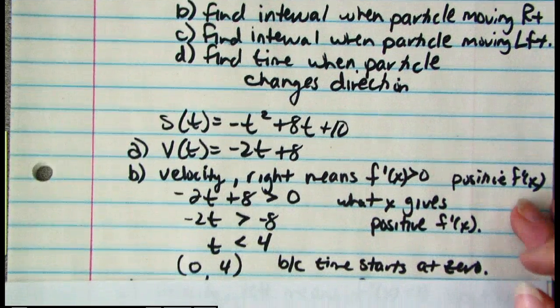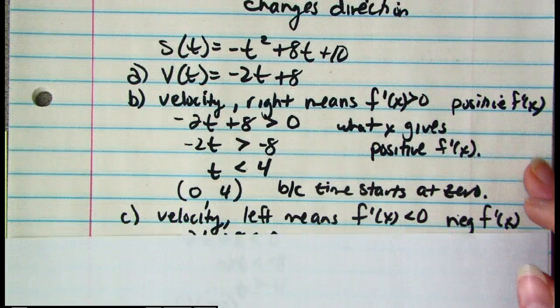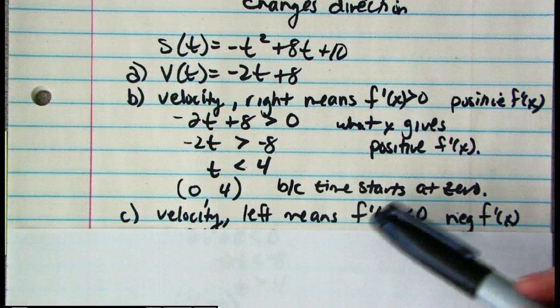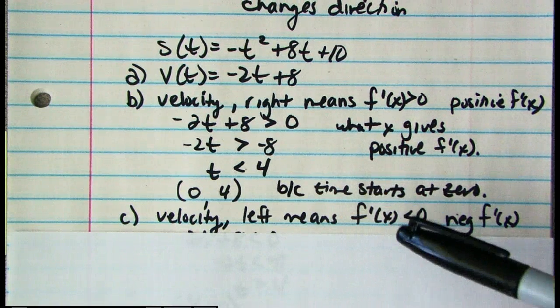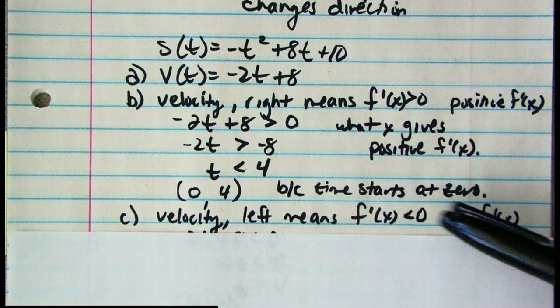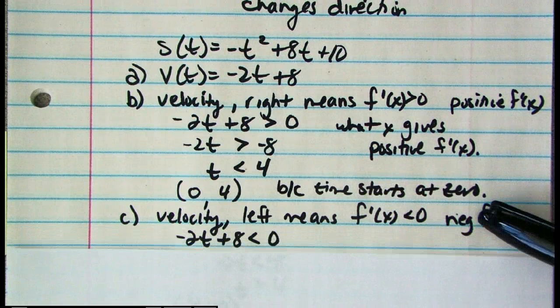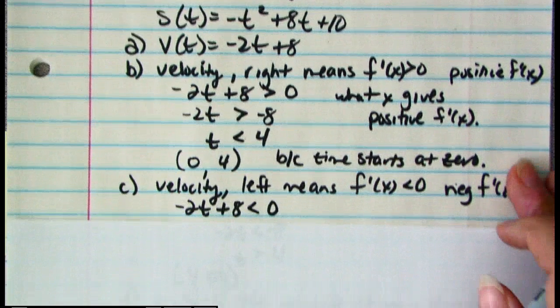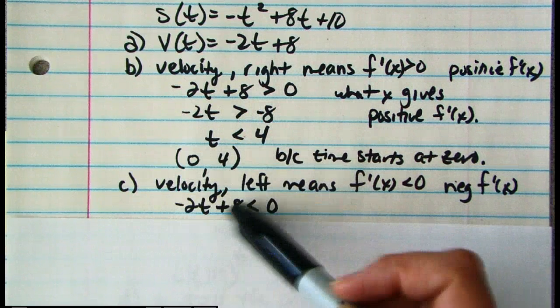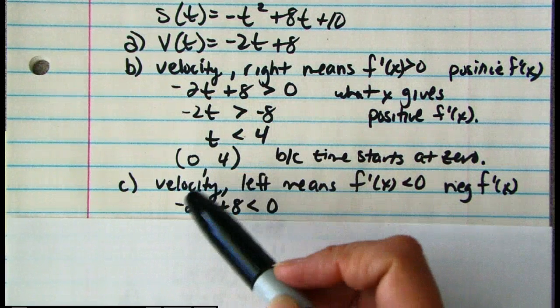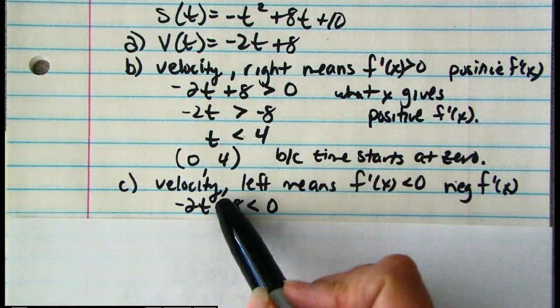Now let's find the interval when the particle is moving left. Left means that my velocity or my slope, whatever you want to call it, is less than 0. This has negative values. So what I'm really asking is, again, my first derivative, the velocity: what times of t will make my velocity have negative outputs?